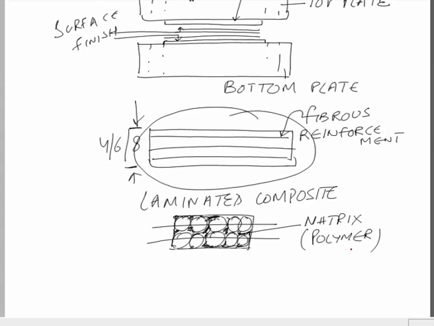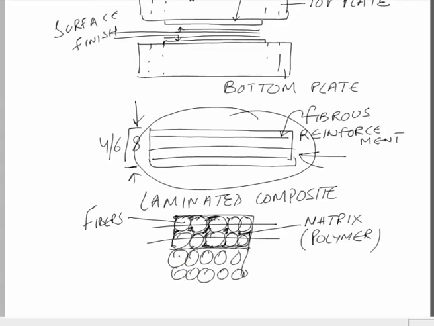Examples we have already seen, and these are the fibers, or the bundle of fibers. So, this is one representation of a composite material. We have different layers, and we can add other layers also. This particular view I am showing, we can add other layers.